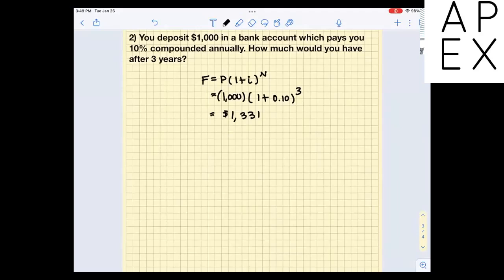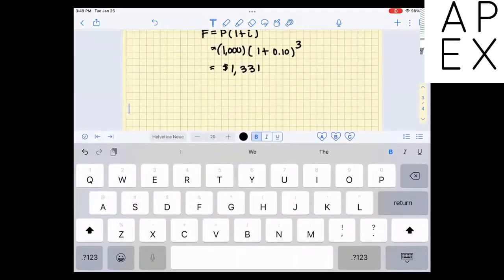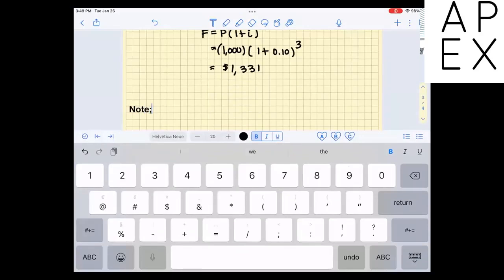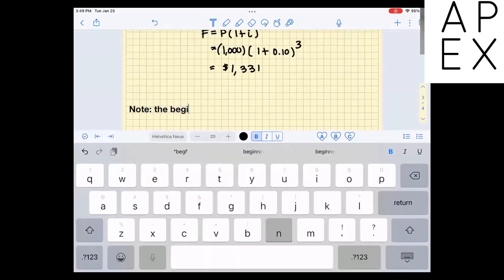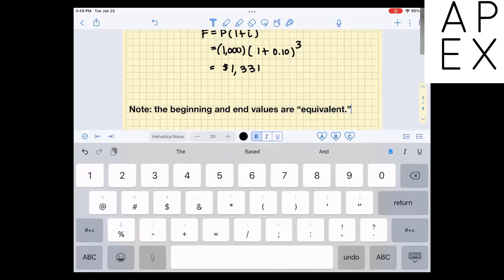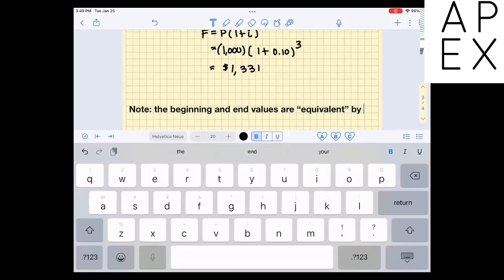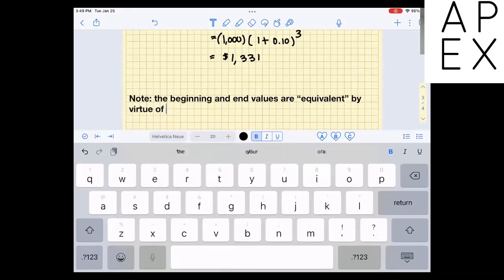Okay. One last thing I want you to know before I let you go is that the beginning and end values, maybe you can chew on this, the beginning and end values are equivalent by virtue of the time value of money.